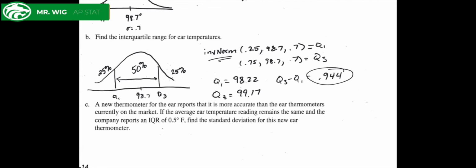If you use the table or if you use the inverse norm, your work supports your answer. In other words, if you get something that I didn't, I'm going to rework the problem using your information. If I can get your numbers to show up and give me what you got, no big deal.